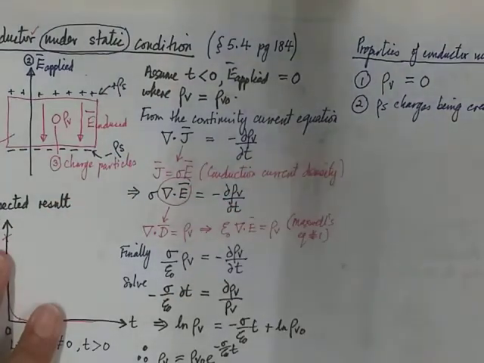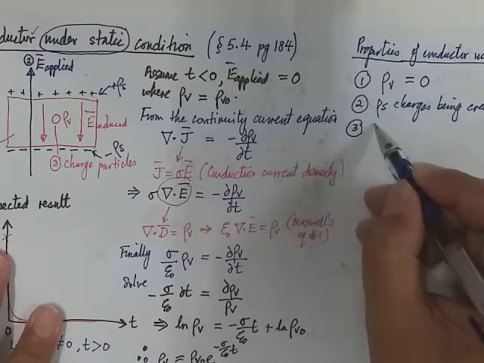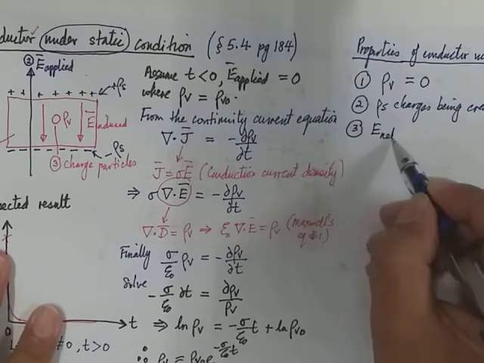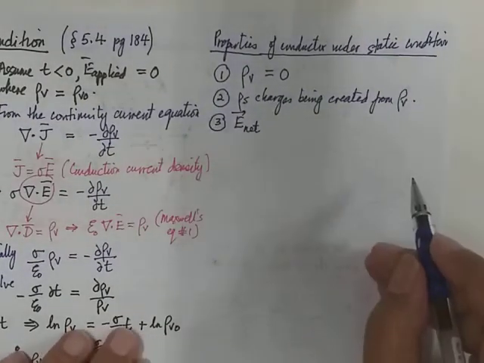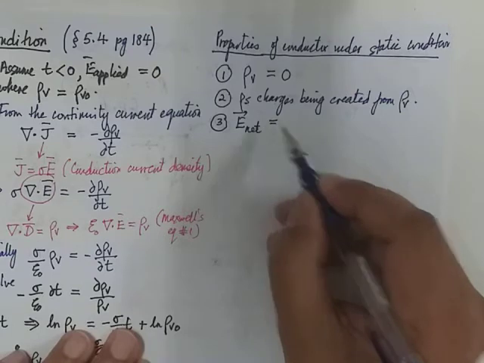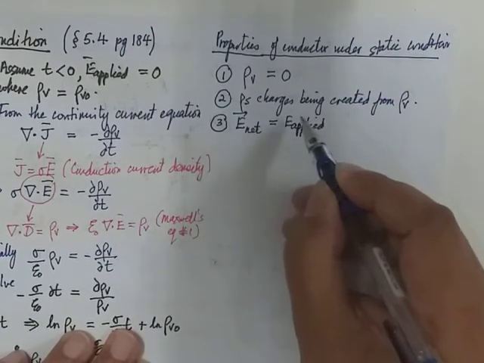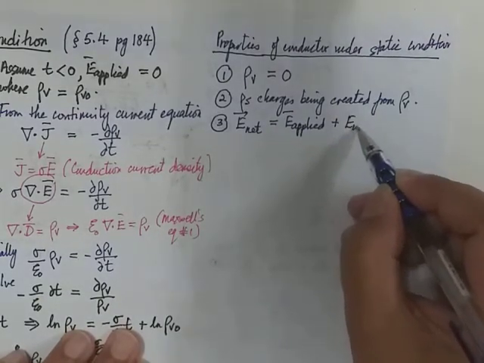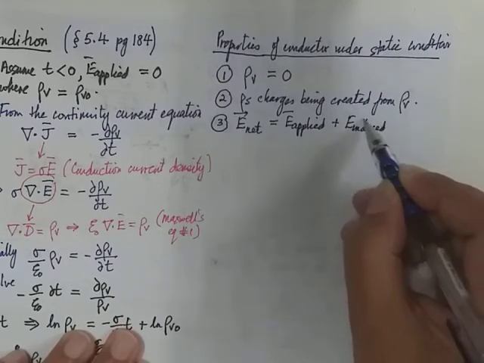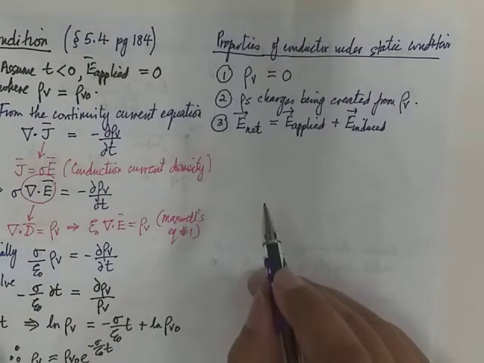And what you can see inside the conductor is E net, meaning the resultant E. The resultant E is equal to E applied plus E induced, correct? Because there are two different electric fields in the conductor medium.